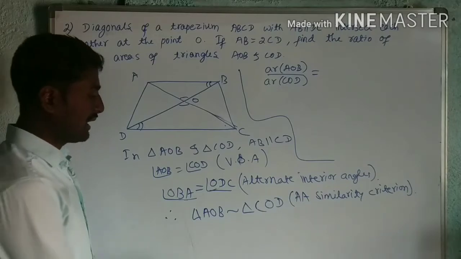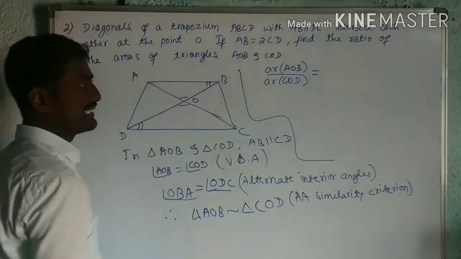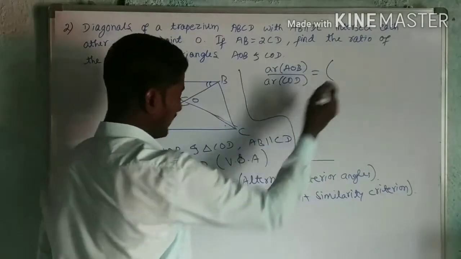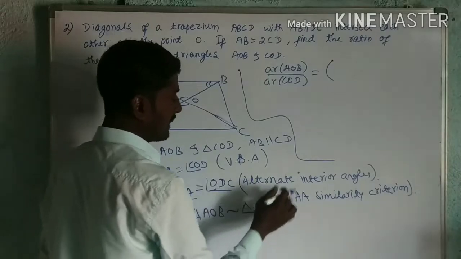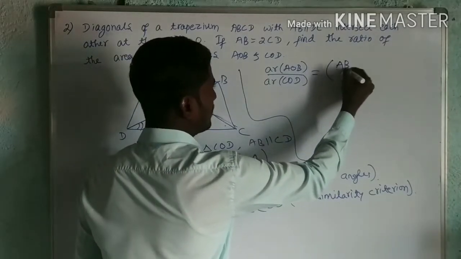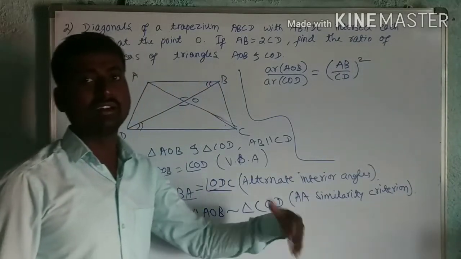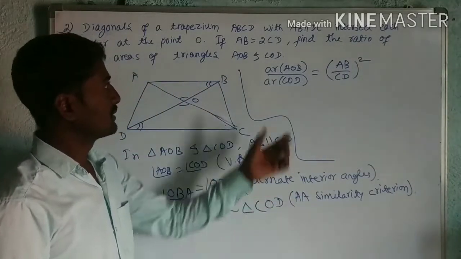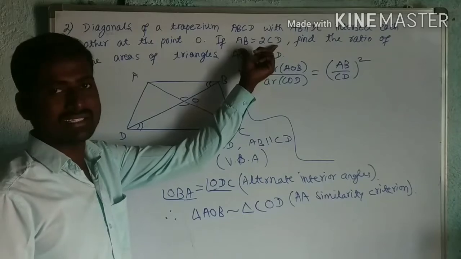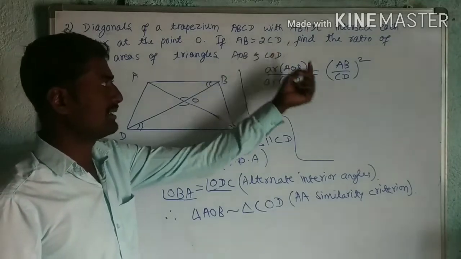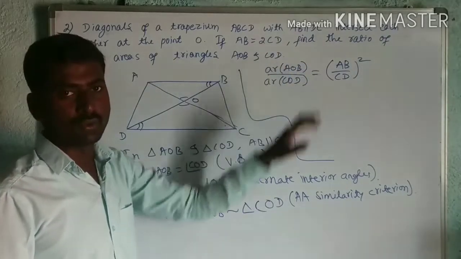But here I will take only AB and CD, AB divided by CD whole square. I don't want to take the other two sides, because AB by CD is given.